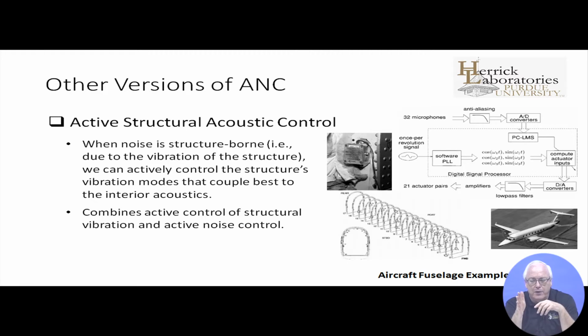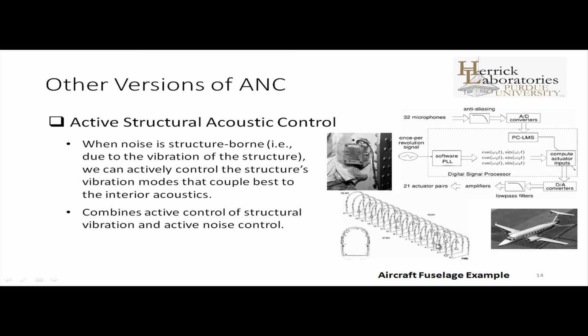This approach is meant to control the vibration of the fuselage that then radiates the sound. So you're trying to get ahead of the sound field generation by putting shakers and vibration transducers on the body of the aircraft to reduce the sound radiation into the interior. And that's a more or less clever thing to do.